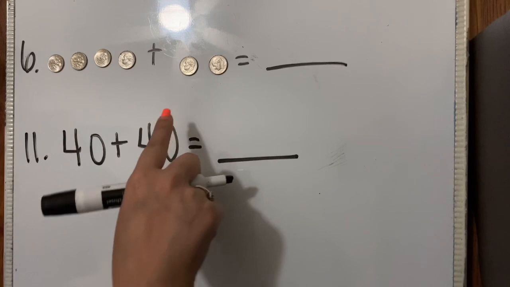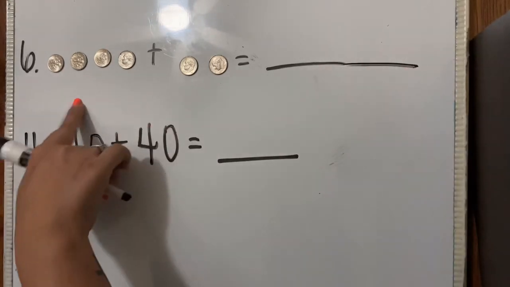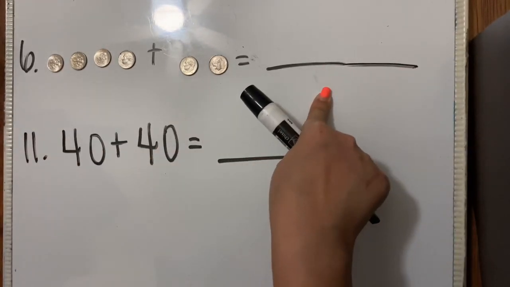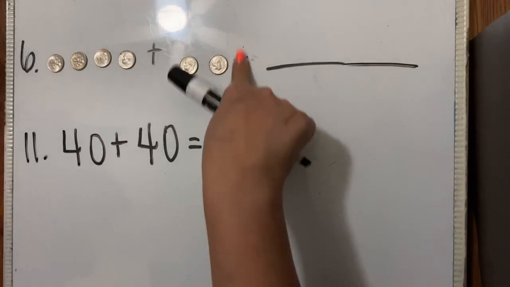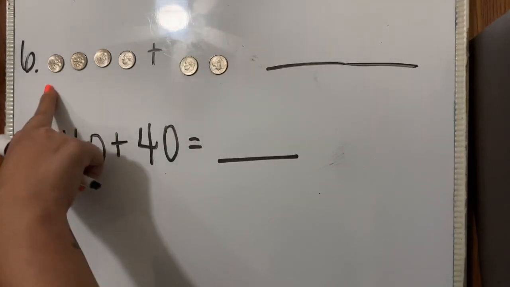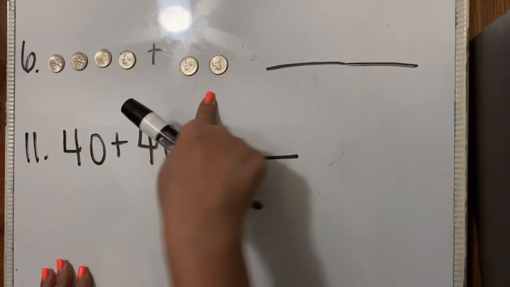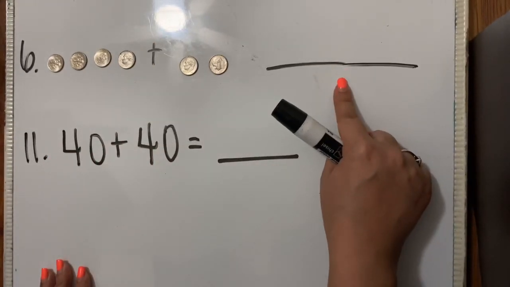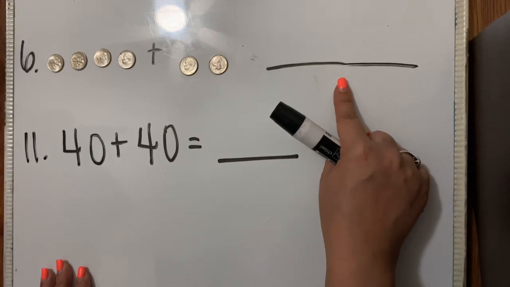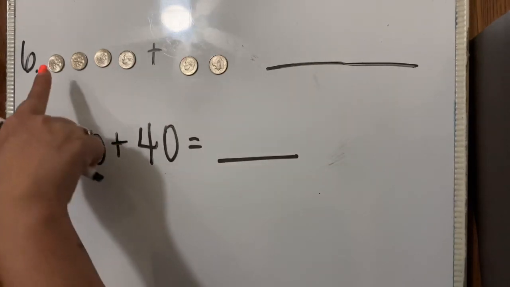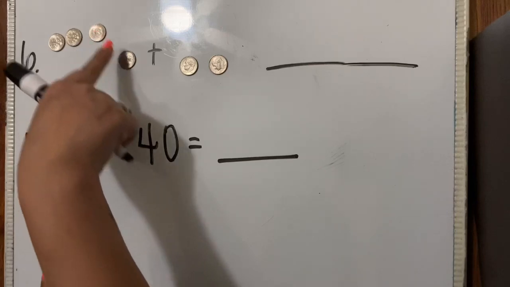So I have some dimes here, and I have to figure out what my number sentence is. So let's see. Let's erase that. So I have 4 tens and 2 tens, but what do these numbers actually represent? Because it doesn't want the total, it actually wants you to write down the number sentence. So my number sentence for this would be 10, 20, 30, 40.